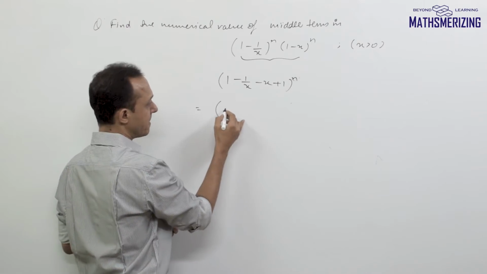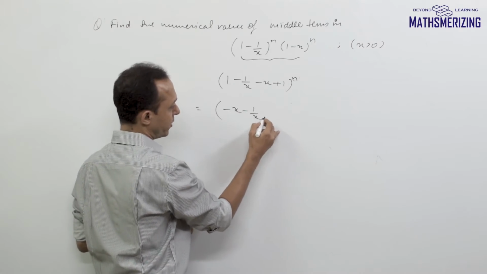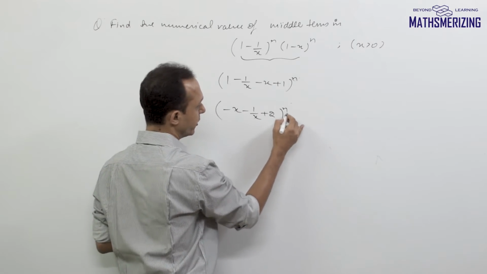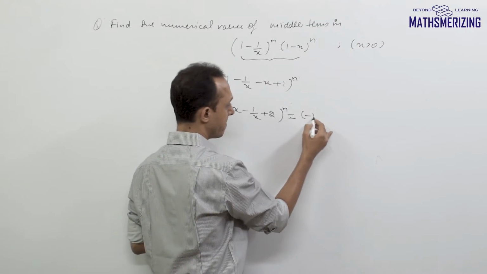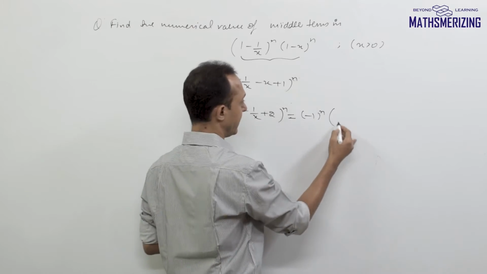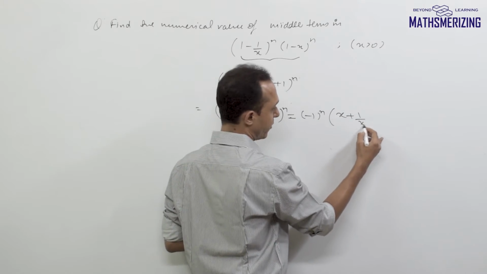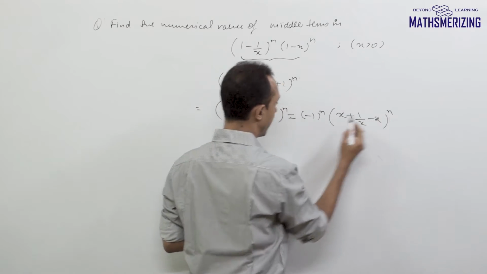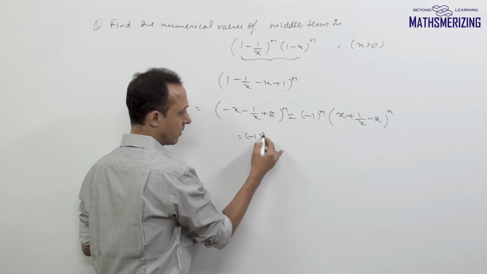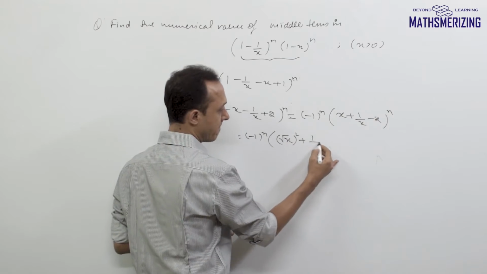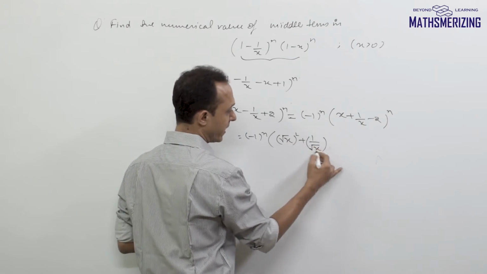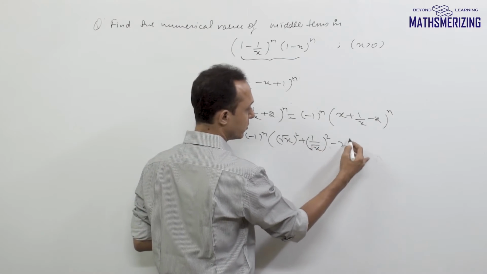Now I can write it as (minus x minus 1 upon x, and then plus 2) to the power n. So I'll take minus common. So if I take minus common, I'll write (minus 1)^n, and here I can write (x plus 1 upon x minus 2)^n. So I can also write it as (under root x whole square plus (1 upon under root x) square minus 2) whole to the power n.